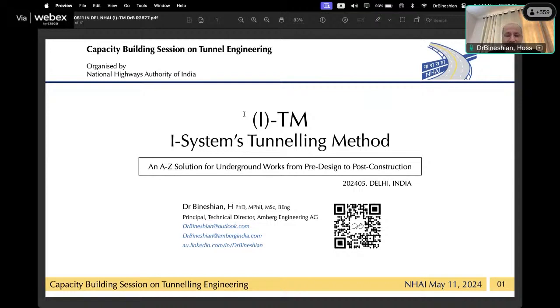And if NHAI is interested in another lecture, I would be able to deliver a lecture on the I system and comprehensively compare it with other classification systems. So today the focus is on the tunneling method, which is ITM, the I Systems Tunneling Method.